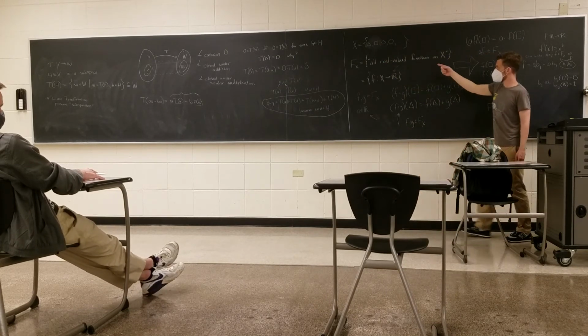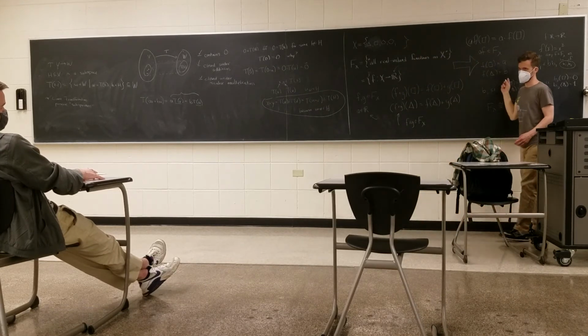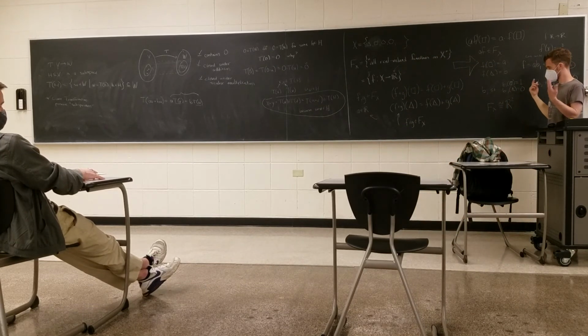If we had infinitely many things right here, then we would not be dealing with a finite dimensional vector space. It takes a little thinking to figure that out, but it's not too much. So you see that this isn't a finite dimensional vector space, and things become a lot more complicated.